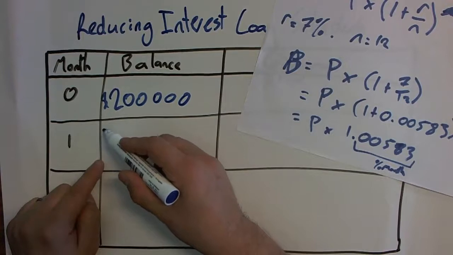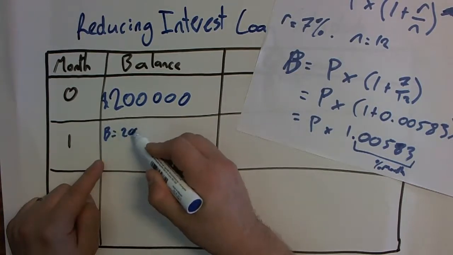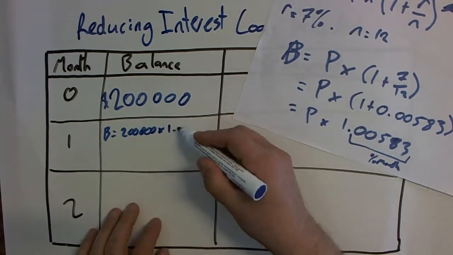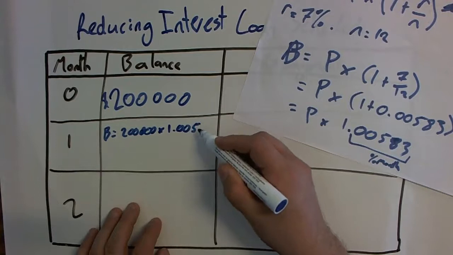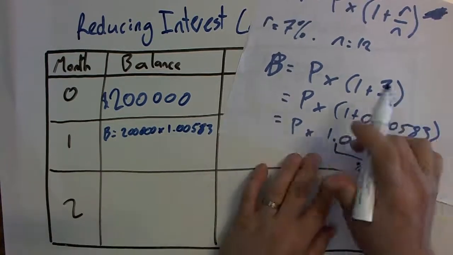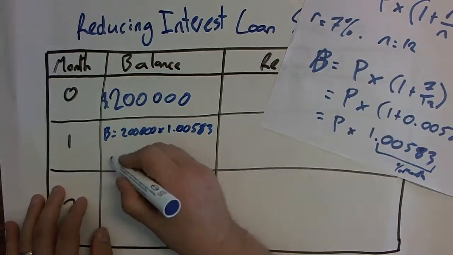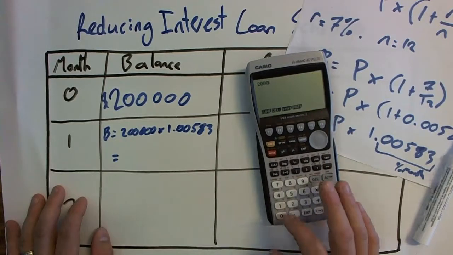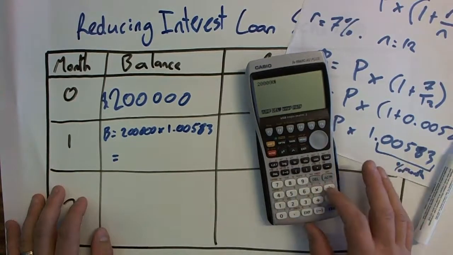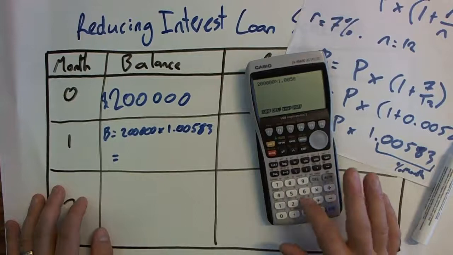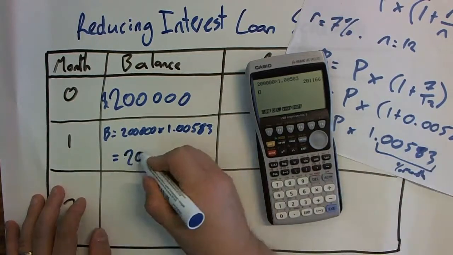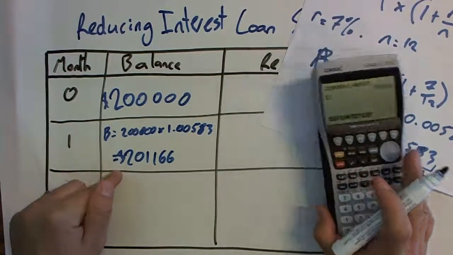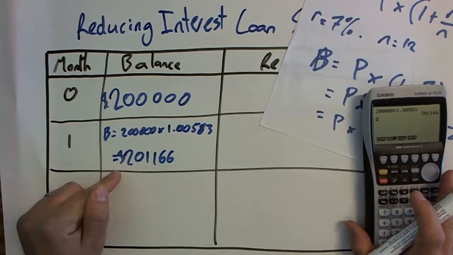Our balance equals 200,000 multiplied by 1.00583, since our interest rate was 7%. 200,000 times 1.00583 is $201,166. So my loan's gone up because of the interest that has been calculated on it.